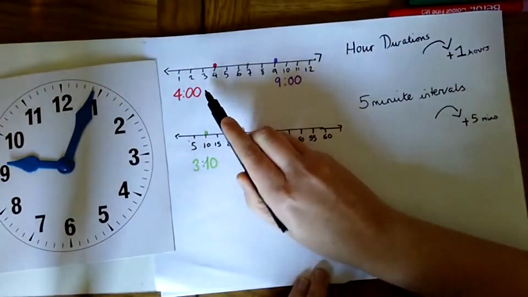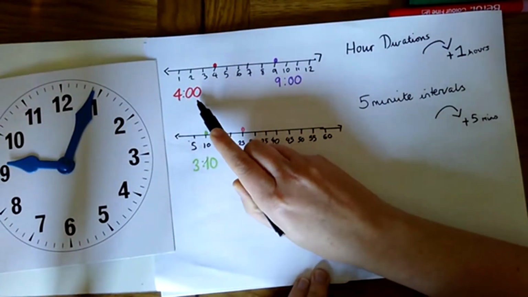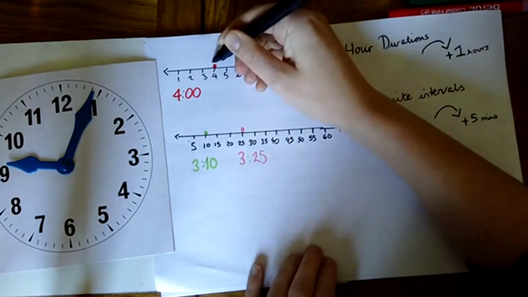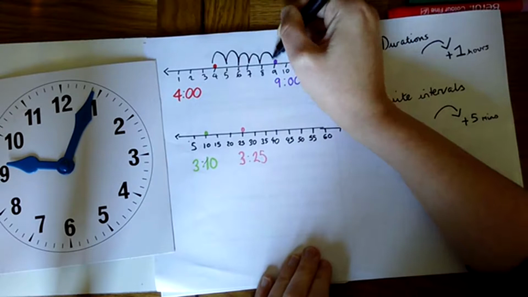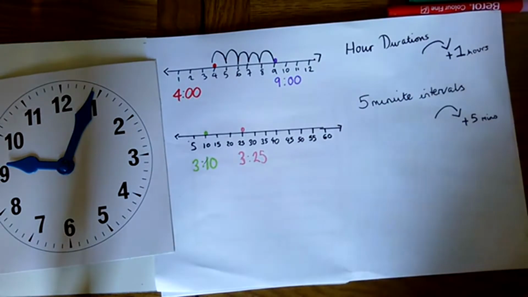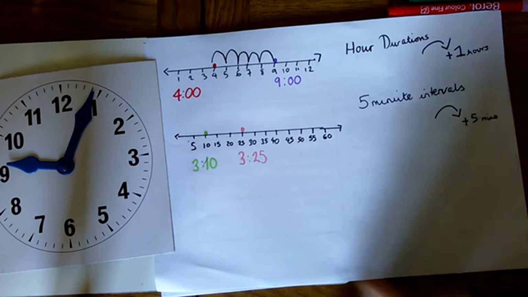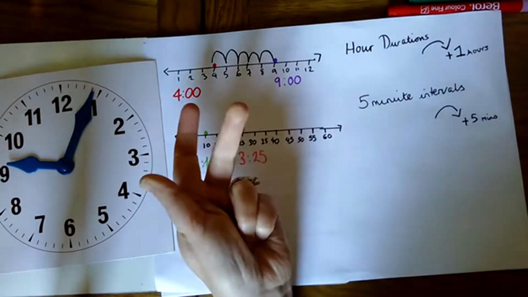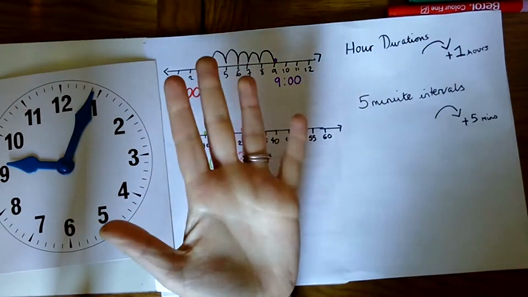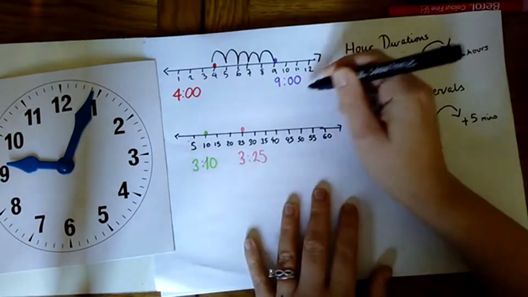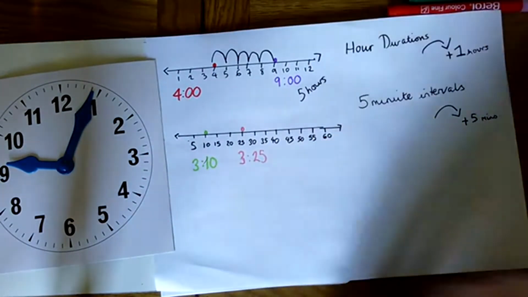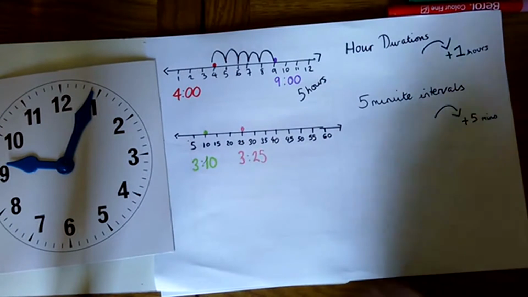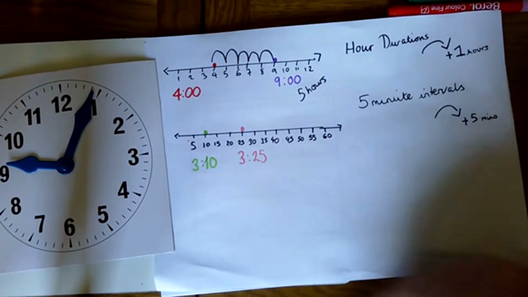So for example here, if I wanted to know the duration between 4 o'clock and 9 o'clock, I would just count on from 4 until I reached 9: 5, 6, 7, 8, 9. That's 5. You could also think of it as, for example, I need to add 5 to 4 to make 9.